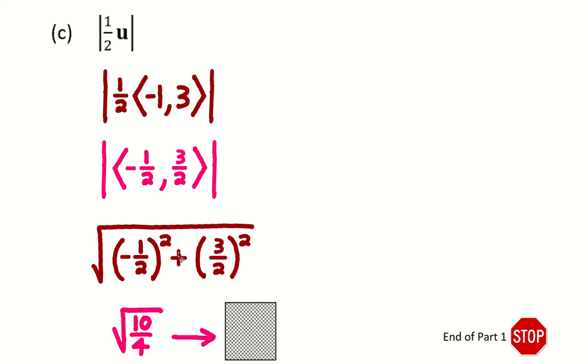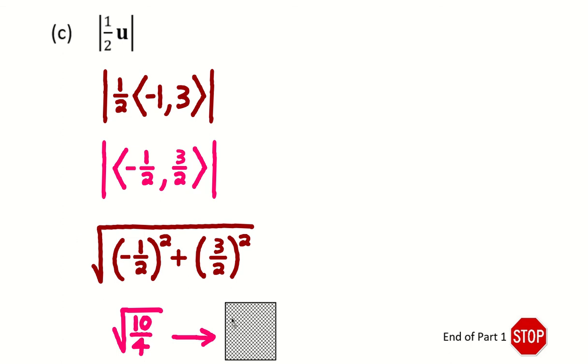Like I said, that requires essentially doing the Pythagorean theorem and finding the length of the hypotenuse. We're doing this by hand, basically. What would this be, negative? No, not negative. It'd be positive. Positive 1/4 plus positive 9/4. Yeah, positive, the square root of 10/4.